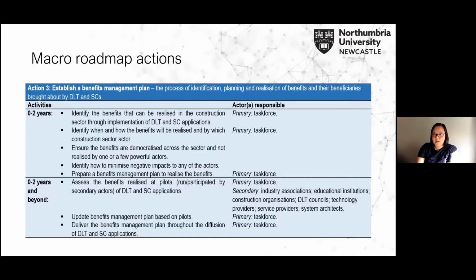And some of the activities would take place quite early on, and others would start within the first couple of years and go beyond that. And some would take place after that, following the point of adoption, that would take you to hopefully an ecosystem that is using these different applications on a day-to-day basis.